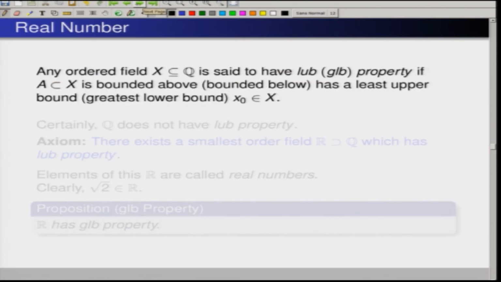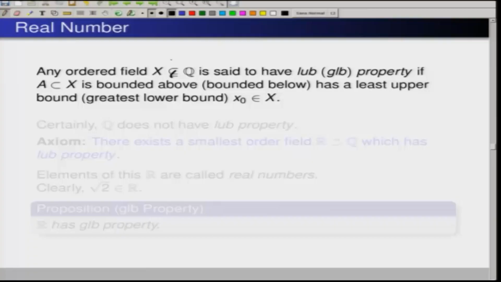Now, what we have seen is that we will call it an ordered field when there is a comparison, meaning we can compare two elements. So, if we have an ordered field x containing Q, it is said to have the least upper bound property if, for any subset A of x which is bounded above, it must have a least upper bound in x.